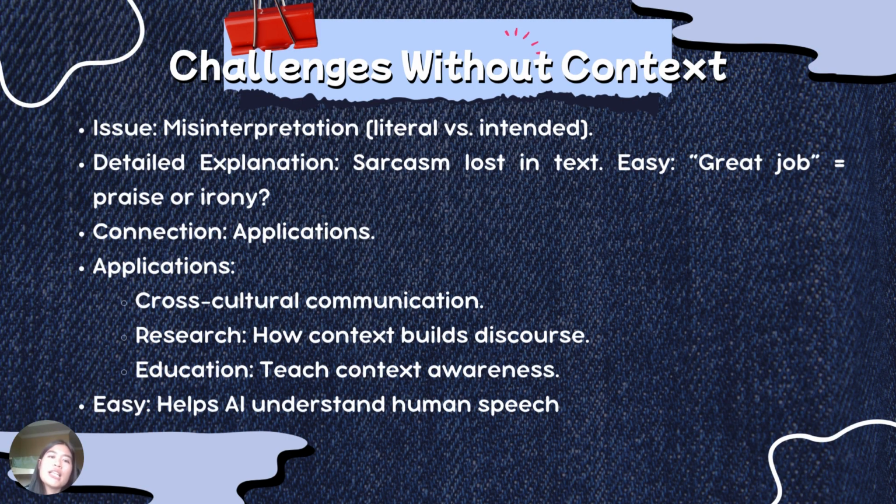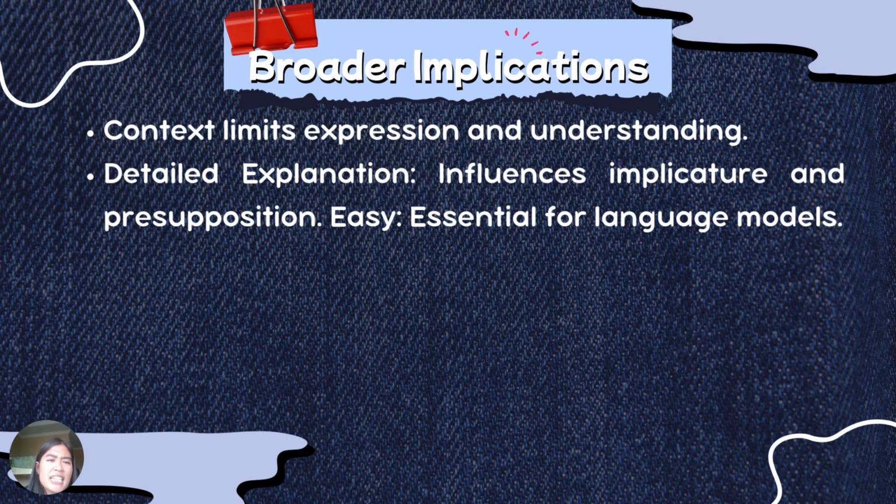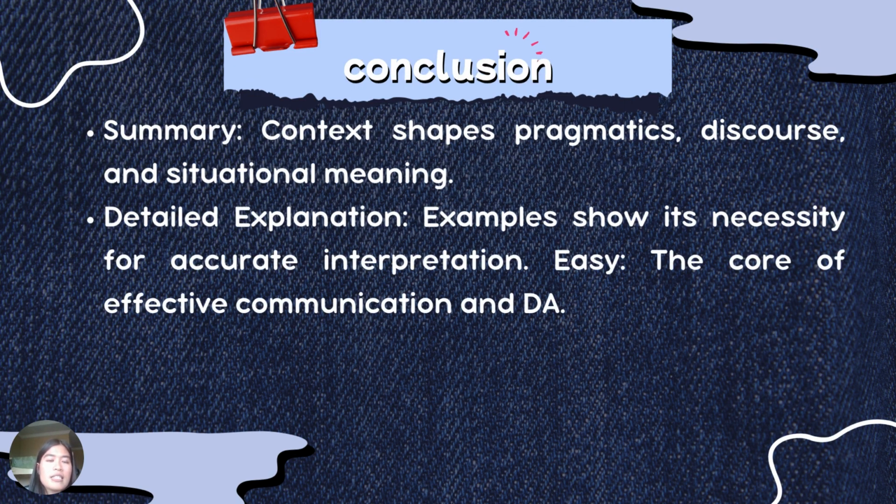Sentences without context are misunderstood. Sarcasm is lost in text. Context limits expression and understanding, influencing interpretation and is essential for language use. So the conclusion from all my explanation: context shapes pragmatic, discourse, and situational meaning. Examples show its necessity for accurate interpretation, the core of effective communication and discourse analysis.